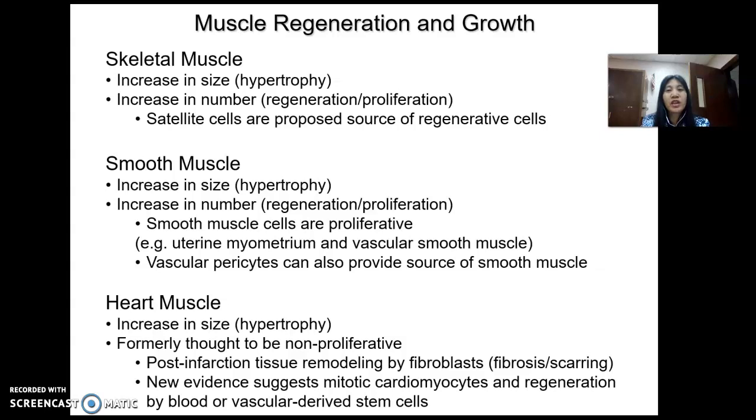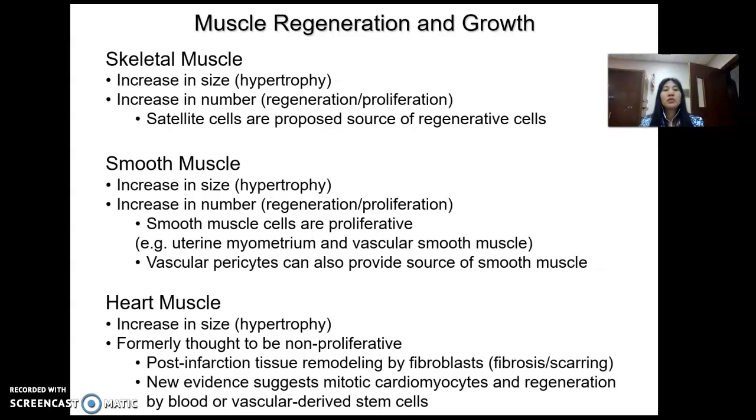So for regeneration and growth of muscles, we have skeletal muscles to increase in size, right? In number, we call it regeneration or proliferation. Just like the satellite cells that are proposed source of regenerative cells. We call it skeletal muscles. Next one is smooth muscles.